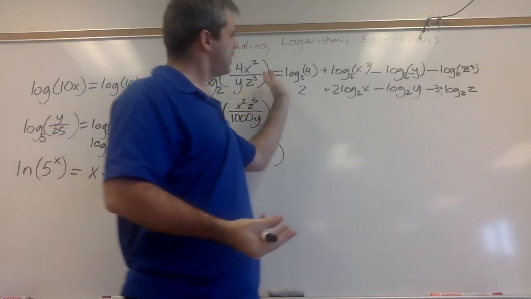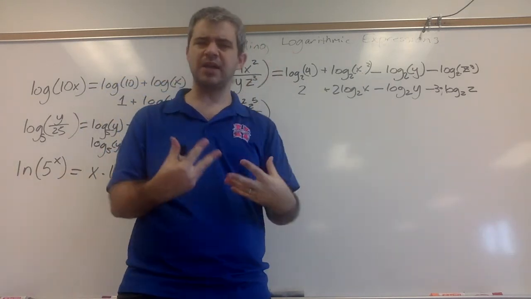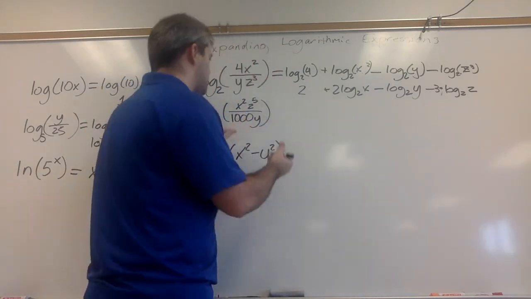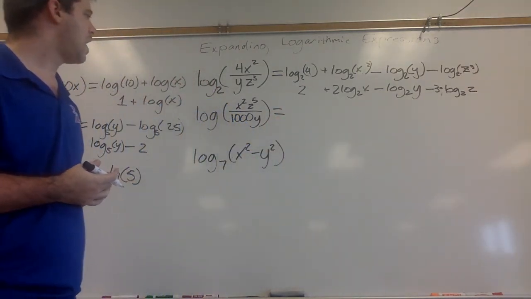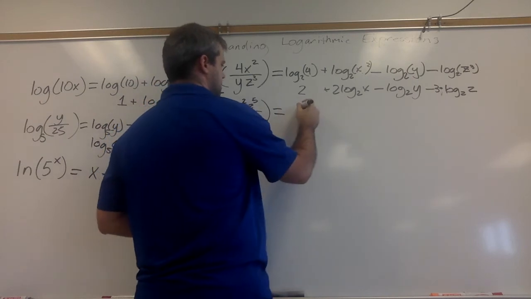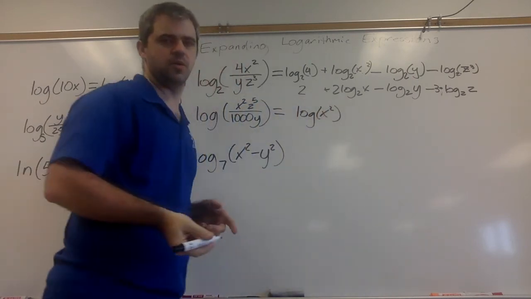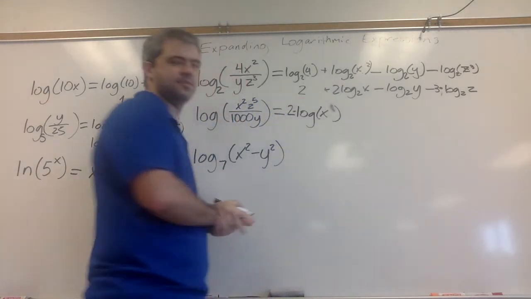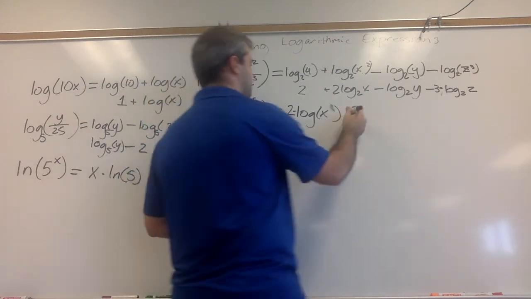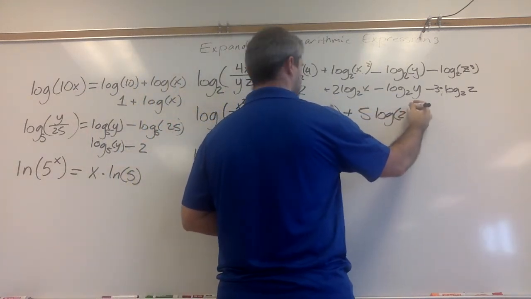But once we get good at this, instead of having to do this in 2 separate steps, we can kind of do this in 1 step. Let me try to do that here. So I could write log x squared, but why don't I just go ahead and move this guy out? Plus 5 log z.